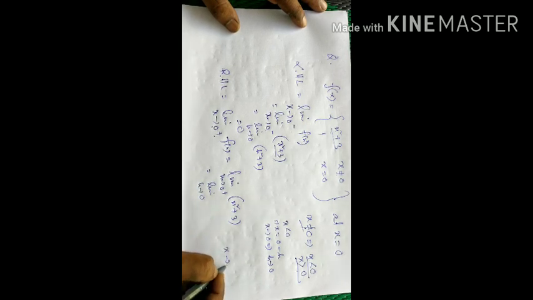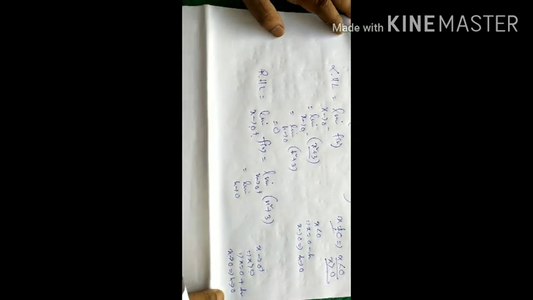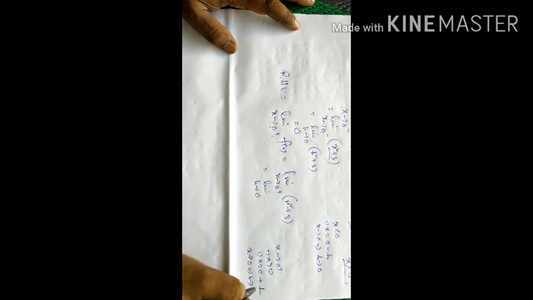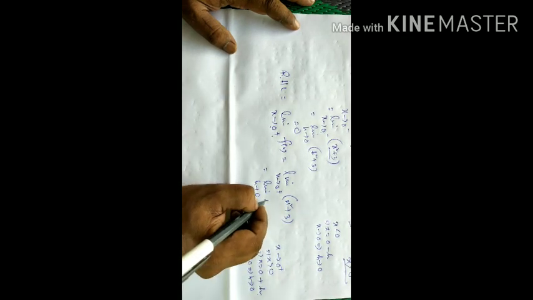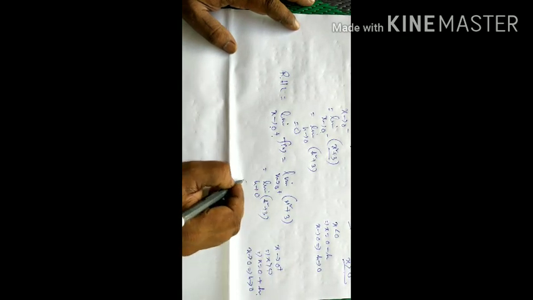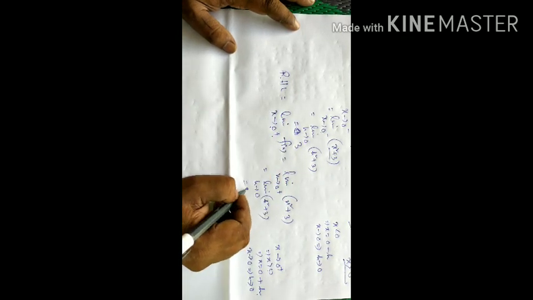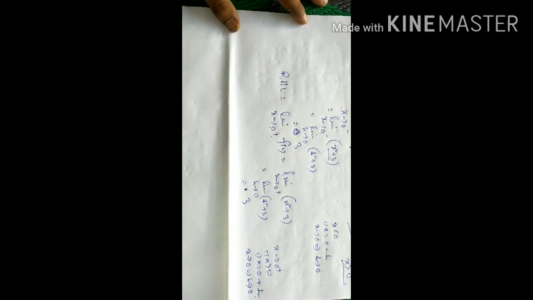Since x tends to 0 plus means x is greater than 0, you can write x is equal to 0 plus something positive. x tends to 0 implies h tends to 0. So finally you write here x is replaced by h, so h square plus 3, which is equal to 3.